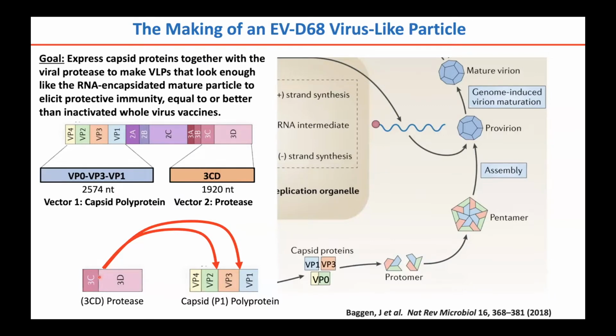In transfected cells, the 3CD protease will cleave this capsid polyprotein, and we'll get the individual capsid proteins made as monomers. They associate as protomers, and then as pentamers, but because there's no infection, there's no viral RNA, and we're stuck with this provirion as our virus-like particle.